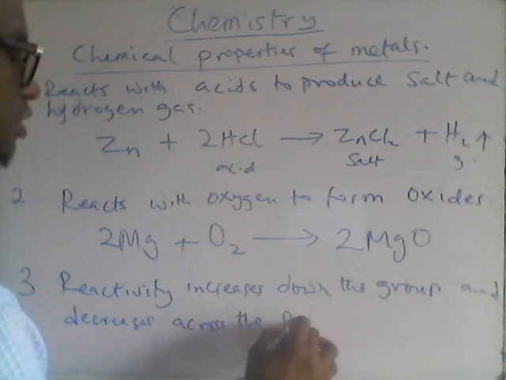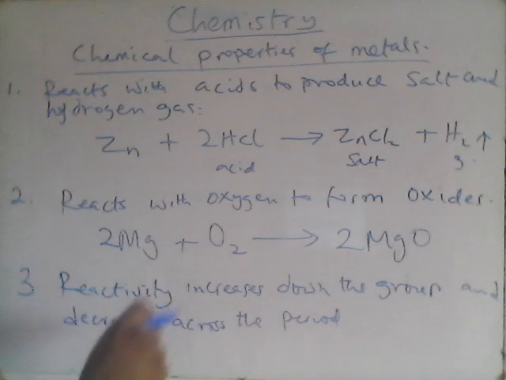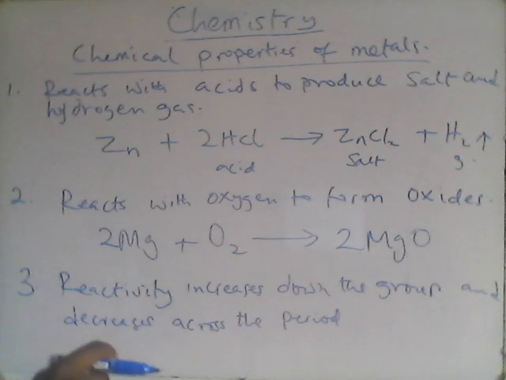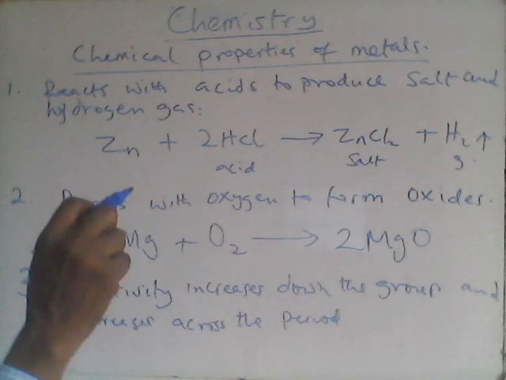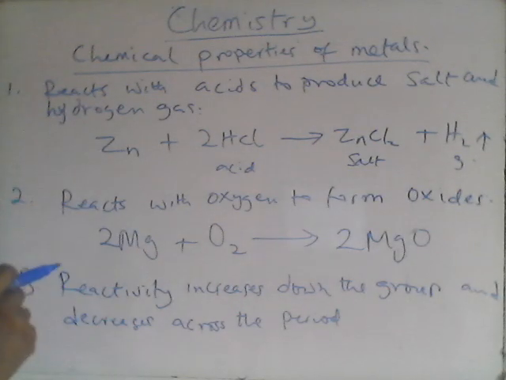So what's responsible for this kind of behavior? Down the group, more shells are added. So you have an electron at the outermost shell which is farther from the nucleus.